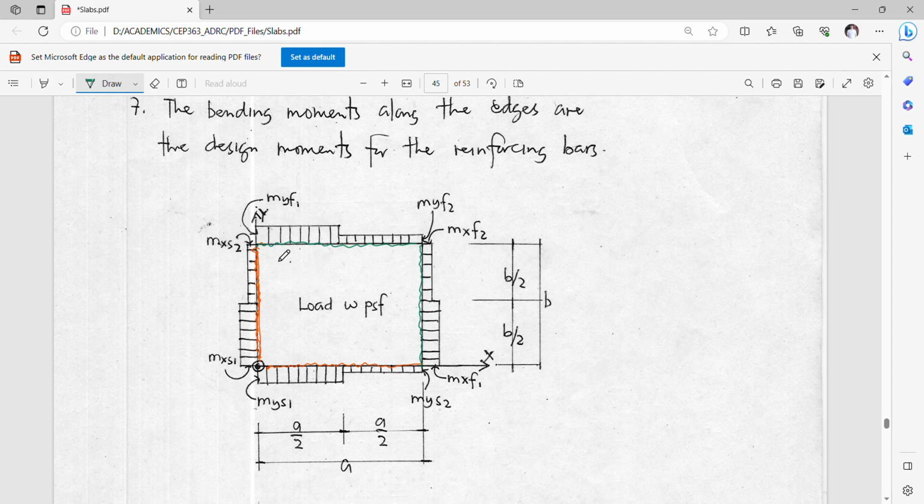And notice the distribution of moment is assumed to be a stepwise distribution.